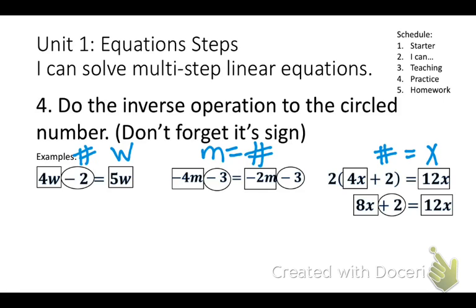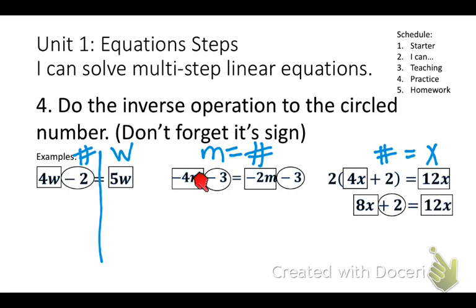In this first one, I want to get my numbers alone on the left and my letters all the way to the right. So I put in my line. I can't do this step here because, like I said, I'm moving my w's, not my numbers.